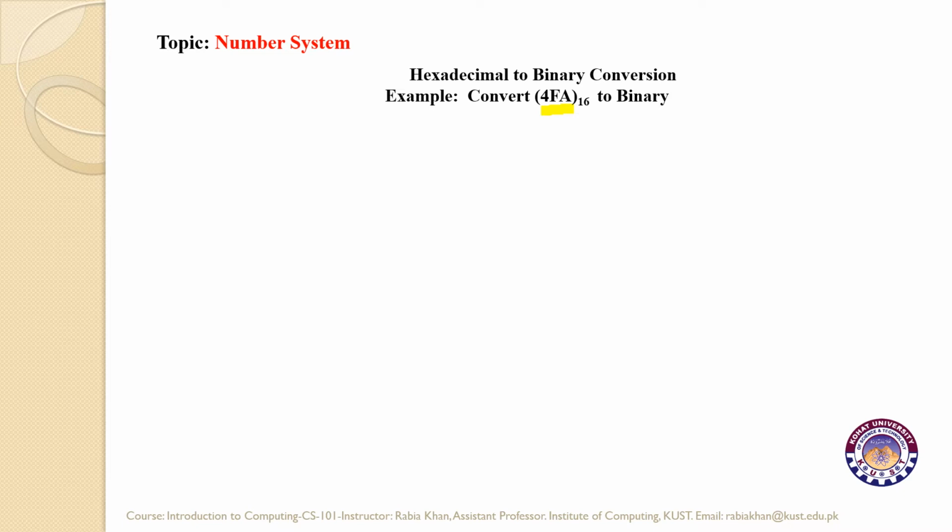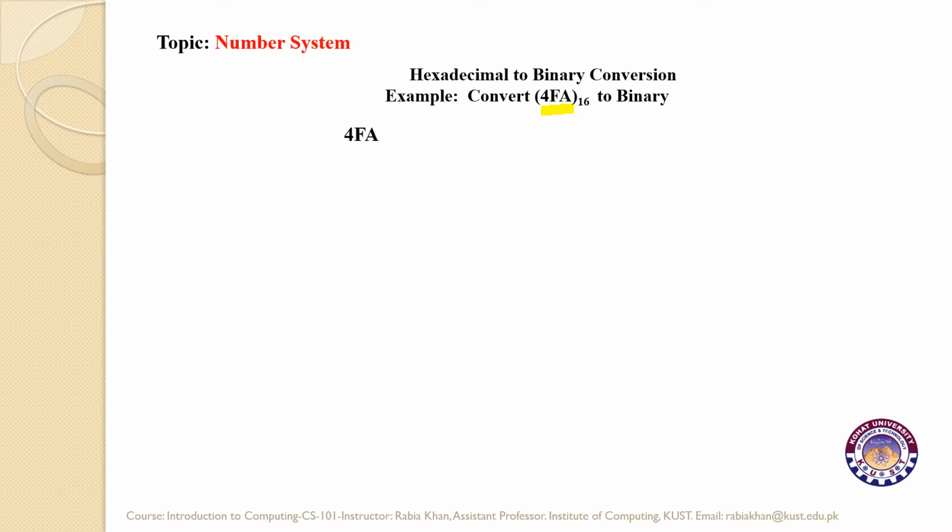The method, as I just described, says we need to split every digit within the given hexadecimal number into a group of 4 binary digits. So here you can see 3 hexadecimal digits are given, 4FA. So we need to split every single hexadecimal digit into a group of 4 binary digits. How can we do it? Let's see.